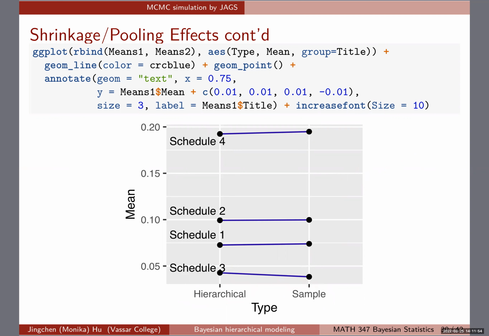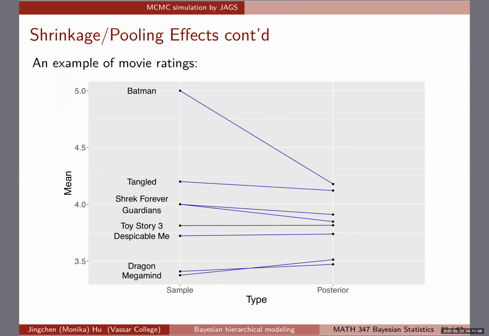there they did an analysis of movie ratings by genres. So over here, you can see that on the left, sorry about the reversed order, is the sample mean of 8 different movies, and on the right-hand side is the posterior mean of all of that. And so here you can probably see a bigger effect of the pooling.